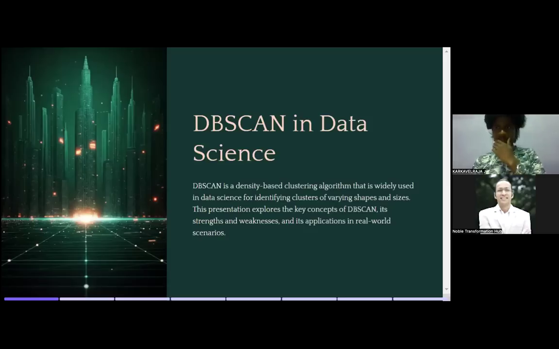DBSCAN in data science or AIML. DBSCAN is a density-based clustering algorithm that is widely used in data science for identifying clusters of varying shapes and size. It has strengths and weaknesses, and applications in the real world.